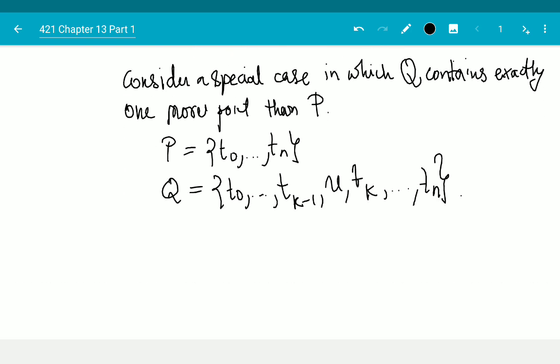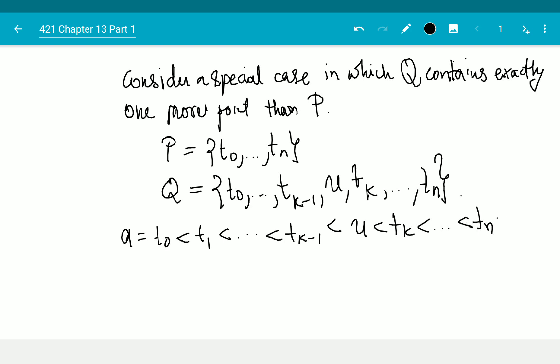And so now I have A is equal to T0, which is strictly smaller than T1, smaller than ... smaller than Tk minus 1, smaller than U, smaller than Tk, smaller than ... smaller than Tn, which is equal to B. Right?